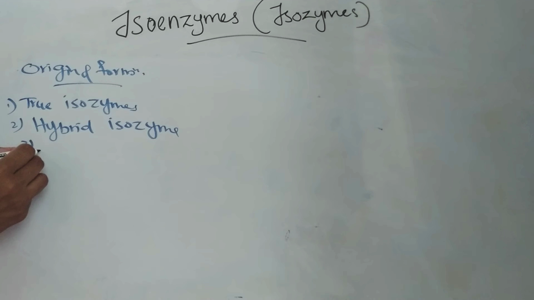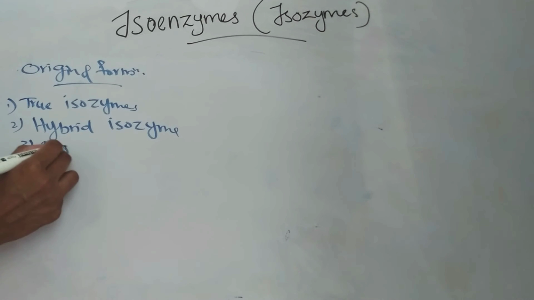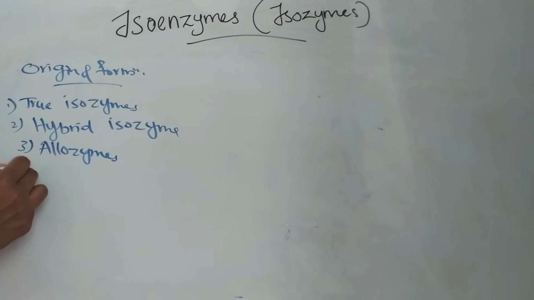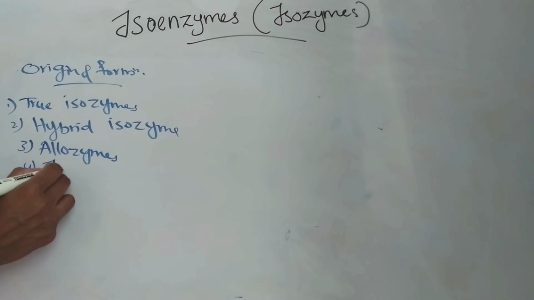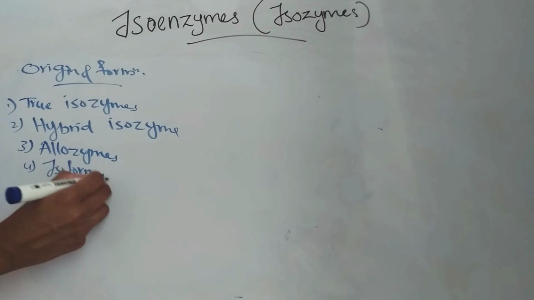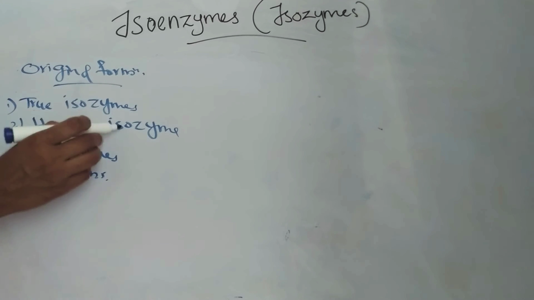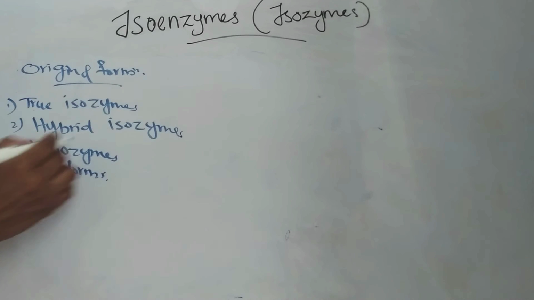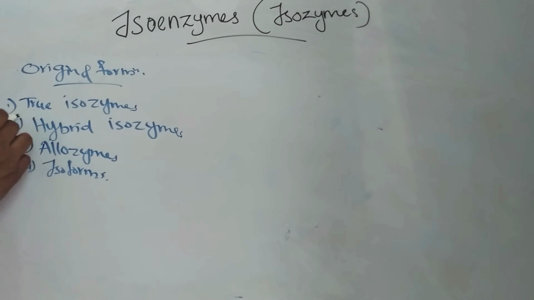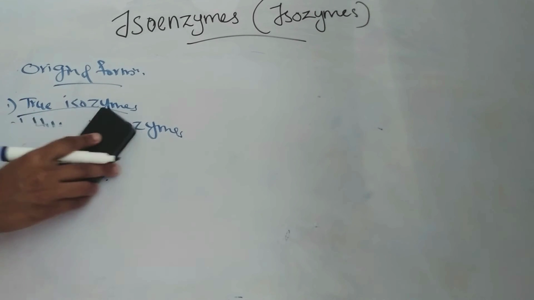Third one is allozymes, and the fourth one is isoforms. So first we will see true isozymes.